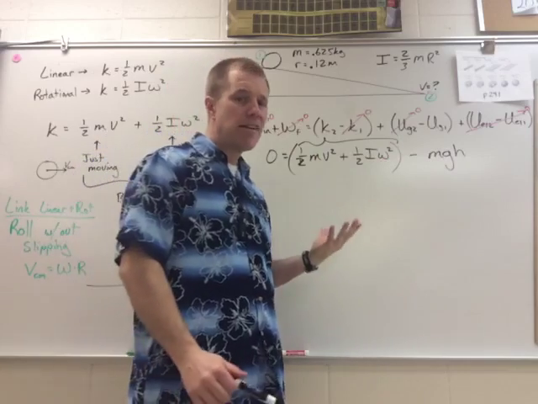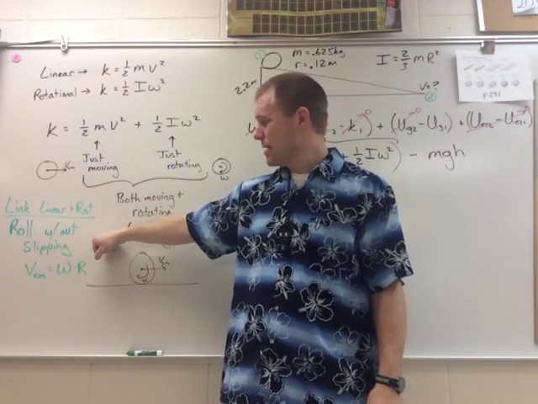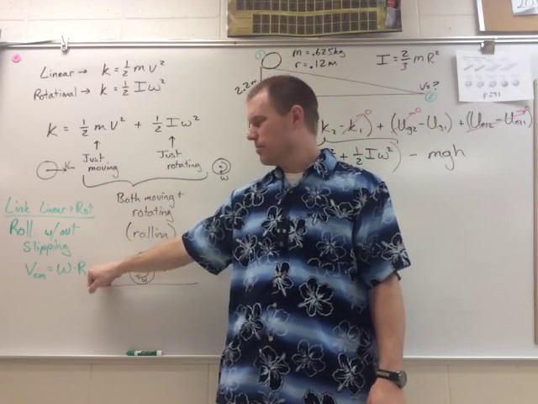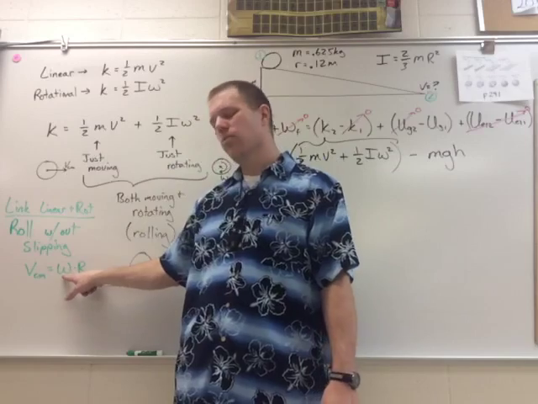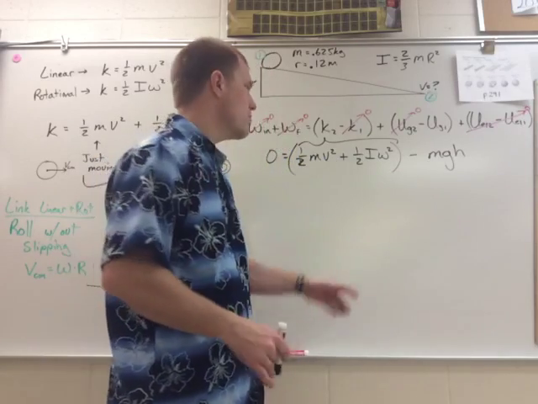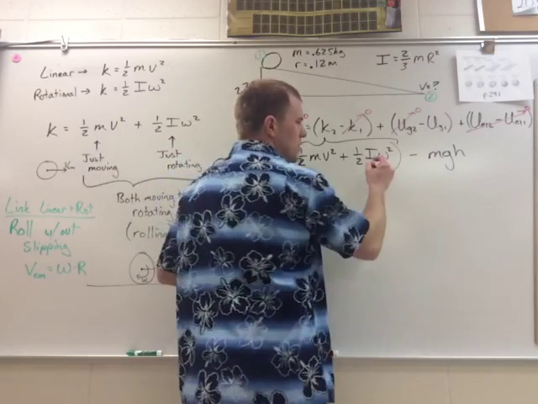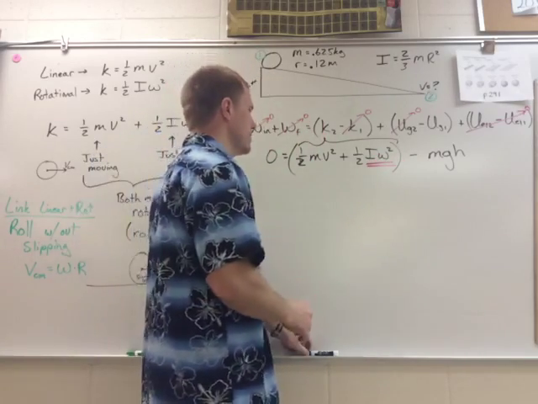But if we're kind of clever here, and if we have an object that's rolling without slipping, we can use this substitution that VCM is equal to omega times R, or I could say that omega is VCM divided by R. So that's what we're going to do. We're going to do a lot of substituting in this space. Okay, and you're going to see why in a second.